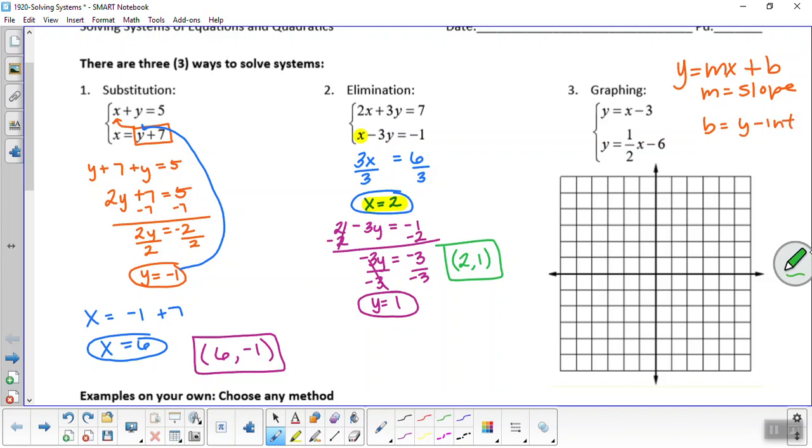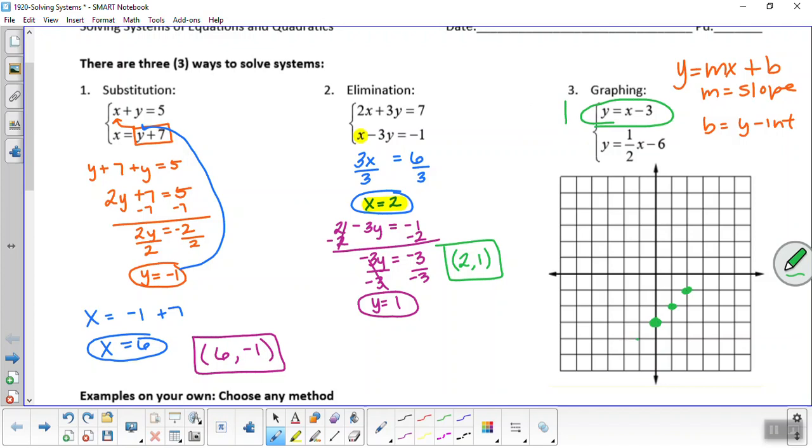So for my top equation, I'm going to do that in green. My y-intercept is -3, so I'm going to go down 1, 2, 3. Plot that point. My slope is the number in front of x. So in this case, it's a 1, which means I'm going to go up 1 over 1, up 1 over 1.